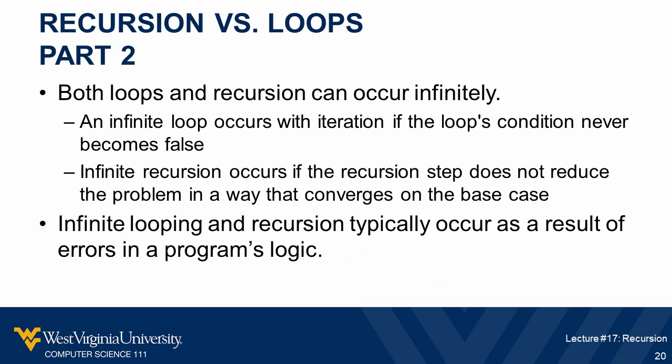Both loops and recursion can run into problems with infinite execution. With a loop, especially if you have a while loop, it's possible to have something that's going to loop infinitely if the loop's condition never becomes false. With recursion, you can have something where the recursion keeps on happening if you never converge on a base case.